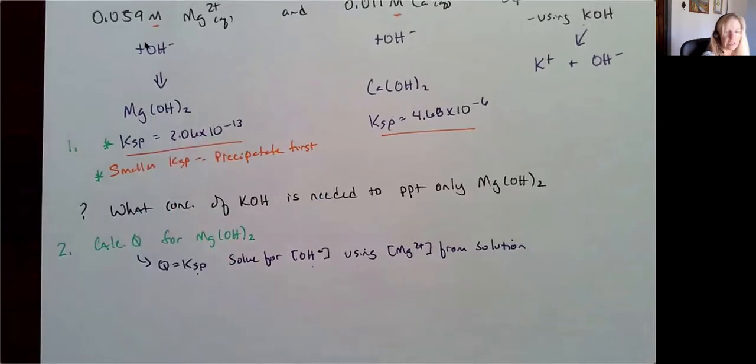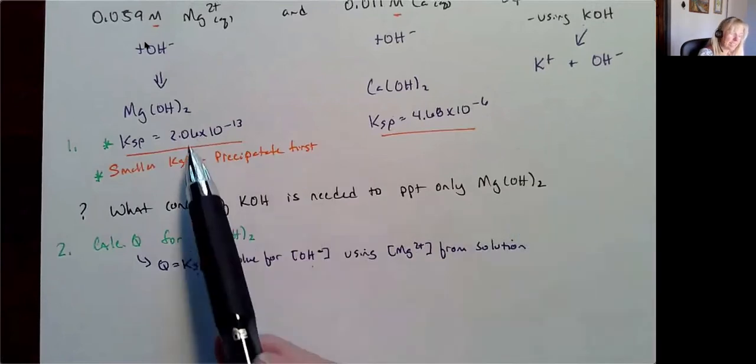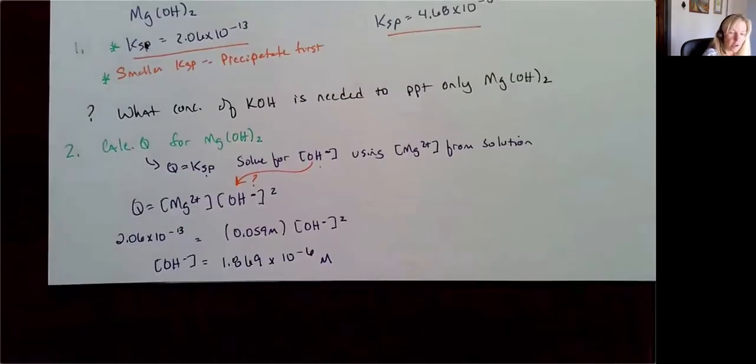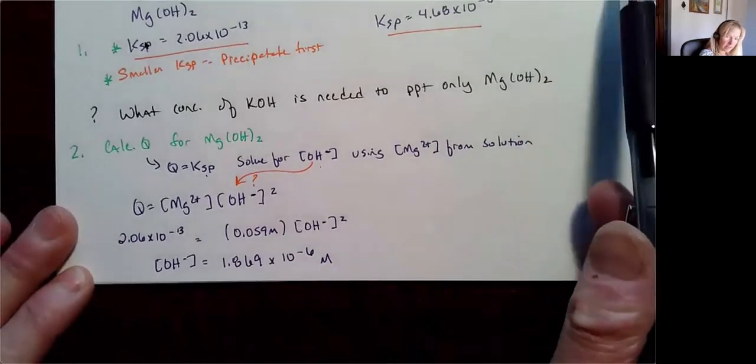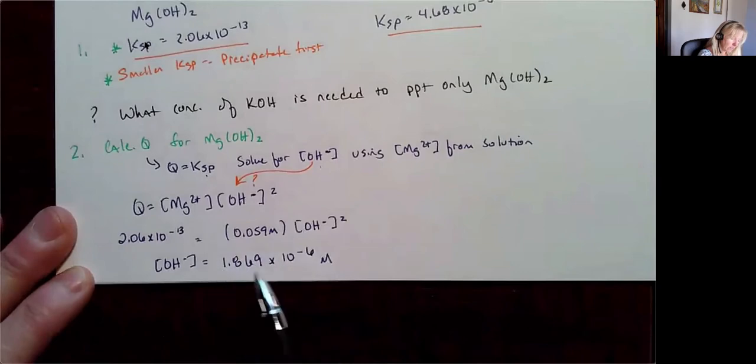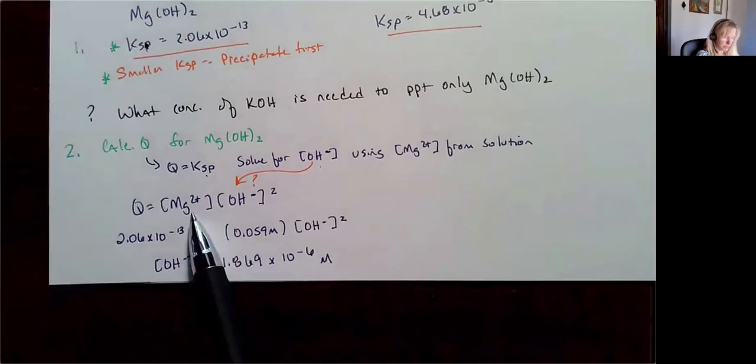That's going to tell me the concentration of hydroxide that I need to add to precipitate this. So I'm going to have to add in potassium hydroxide at a concentration of this to selectively precipitate my magnesium.